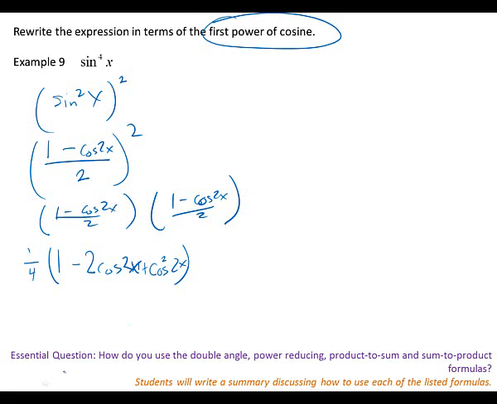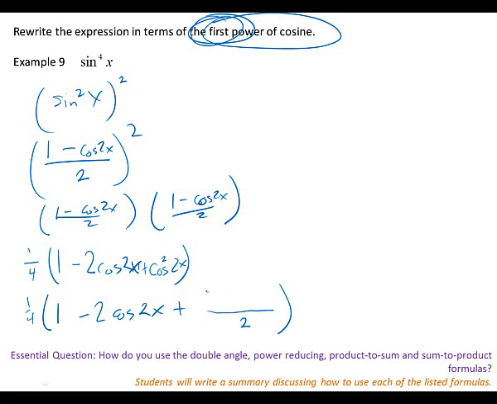Here's the problem. Am I in the first power of cosine? I just went to the second power of cosine, so now I need to replace this thing right here. That's where this one got messy. So 1/4, 1 minus 2 cosine 2x plus, and now I'm going to put a power reducing in here. What does it say for the power reducing?